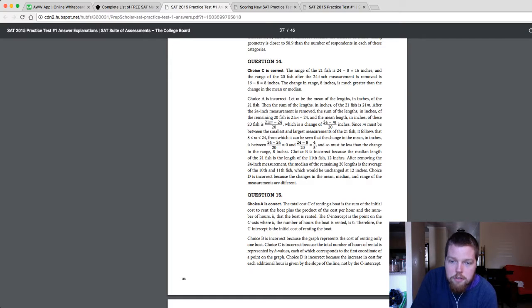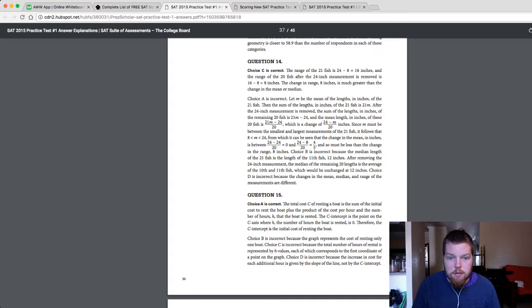Okay, so here's a way that they explain it to prove it. After the 24-inch measurement is removed, the sum of the lengths in inches of the remaining 20 fish is 21m minus 24, and the mean length in inches of these 20 fish is then (21m minus 24) over 20, which is a change of (24 minus m) over 20.